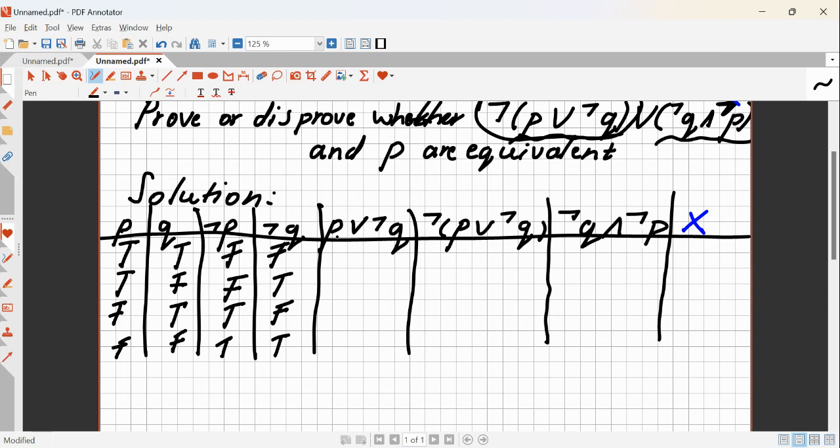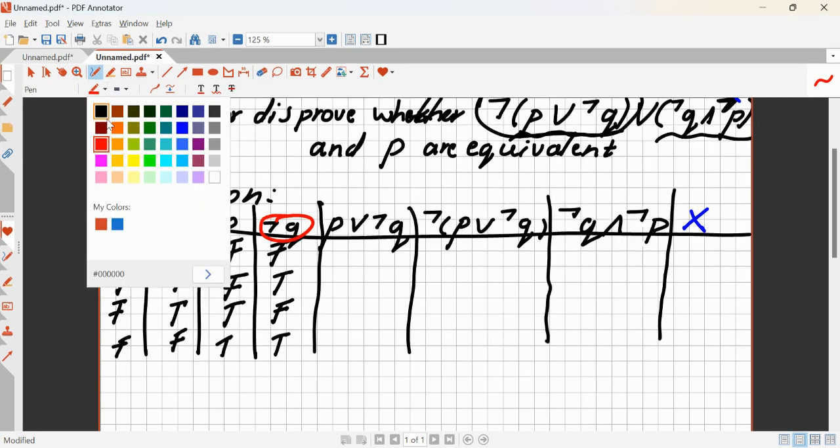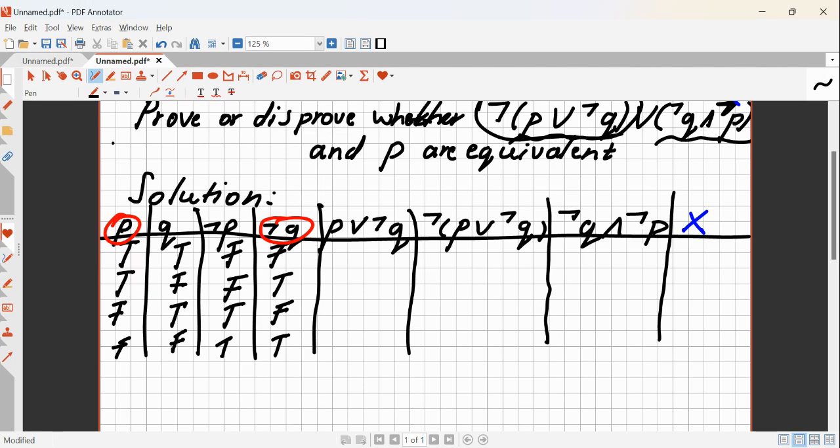For this expression, let's think. So we are taking P and then P or not Q. So what gives us T and F? T or F gives us T because when we have or, we can take one of them. If there is at least one true, the output is going to be true.